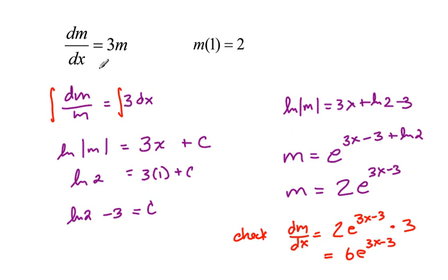Now we were told up here that the derivative is 3 times the function. All right, here's my derivative, and here's my function. Look at that, it's 3 times bigger. So a nice little check to see that it works.